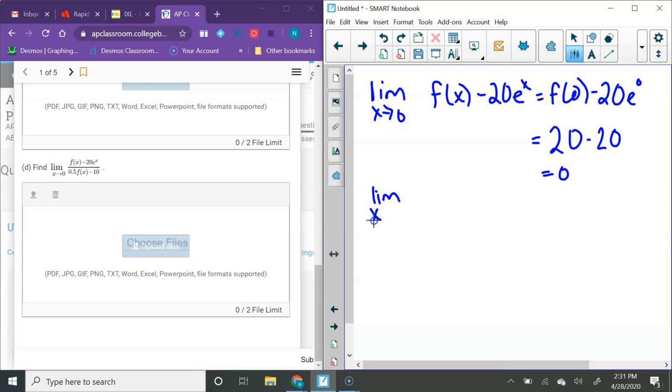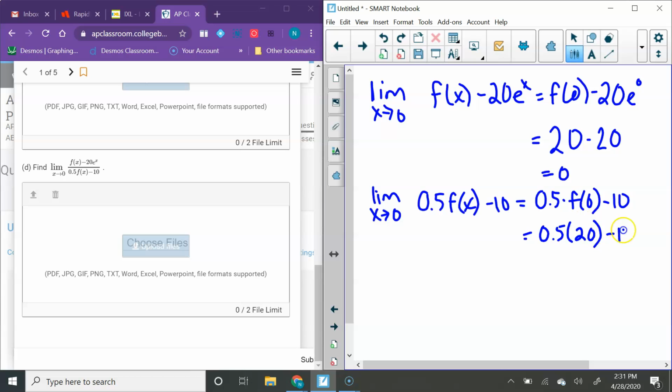So if we do the denominator, limit as x approaches 0 of 0.5 f of x minus 10 is going to equal 0.5 times f of 0 minus 10. And f of 0 is 20, so half of 20 minus 10 is also going to give us 0 here. We can say, therefore, L'Hopital's rule applies.